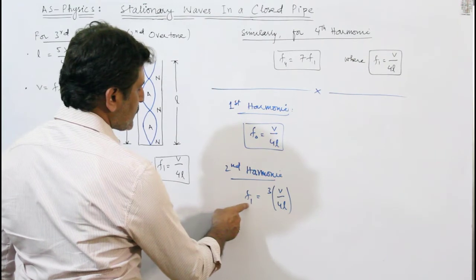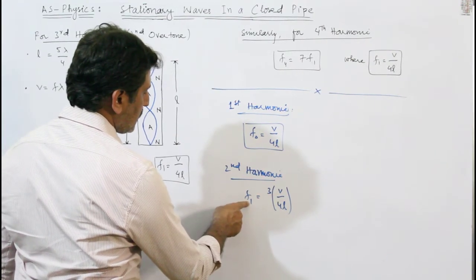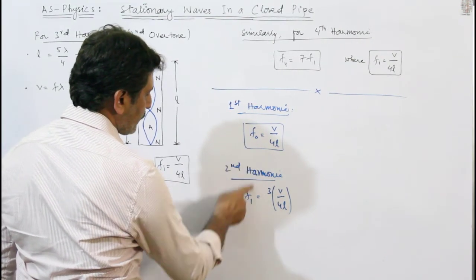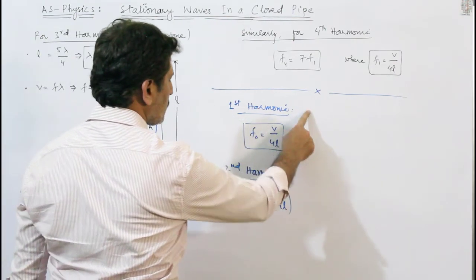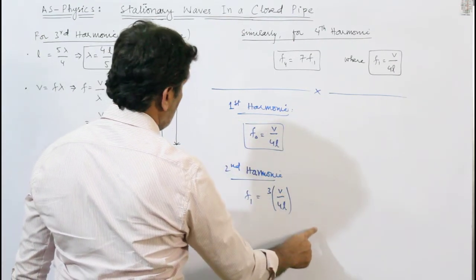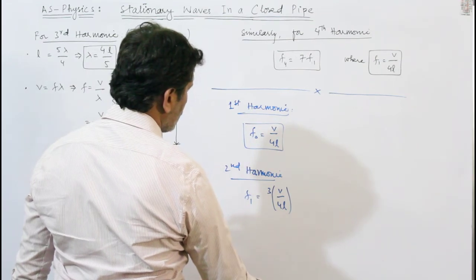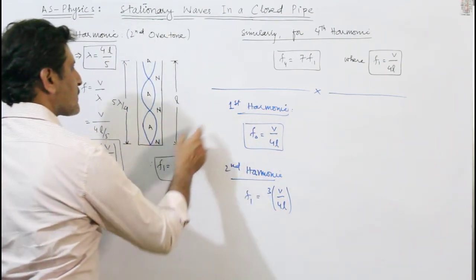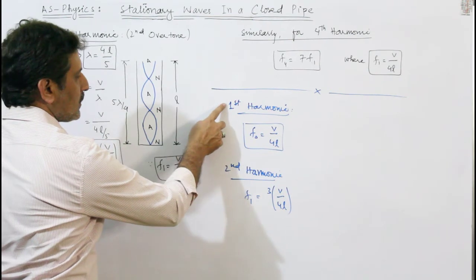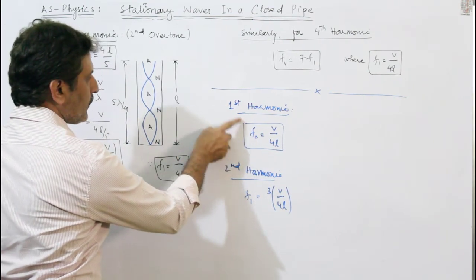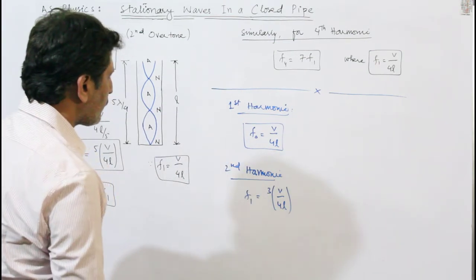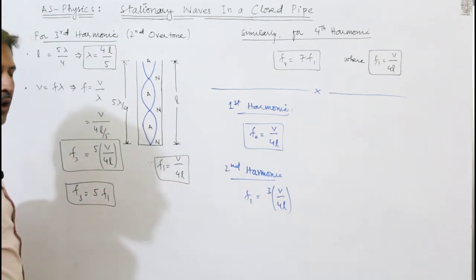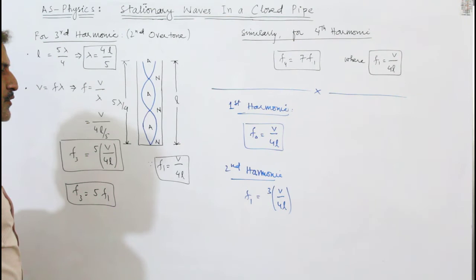Okay, I have used in the written lectures the subscript of F with respect to the overtones, because it is a 0 overtone and it is the first overtone and the third overtone, fourth overtone. And in the video lectures I have used the subscript of F corresponding to the harmonics, that is F1, F2, F3, F4. It is a difference. Okay students, please note it.